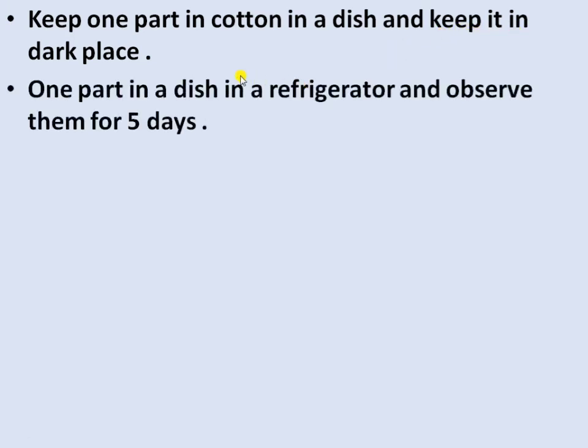Next, keep one part on moist cotton in a dish in a refrigerator. So keep the seeds in setups A, B, C, D, E, and moisten them by sprinkling water every day. After that you have to observe them continuously for 5 days.